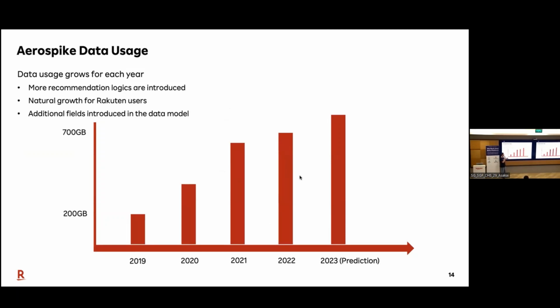For example, machine learning ad models can be created one after another, which greatly increases the usage of Aerospike. It is also possible that we introduce new fields under the items for the recommendation, and there is the natural growth of Rakuten users from different parts of the world. We are predicting that the recommendation data can grow across each year.